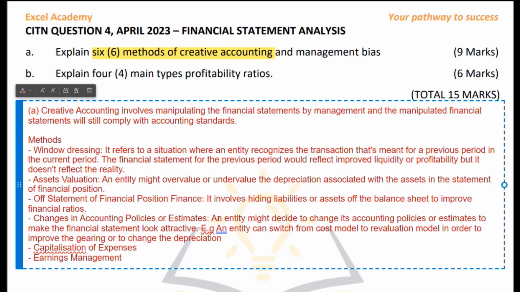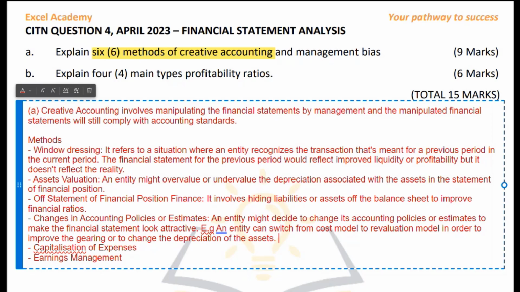When an entity uses the revaluation model, the assets will be revalued, and it can give rise to a revaluation gain or loss.